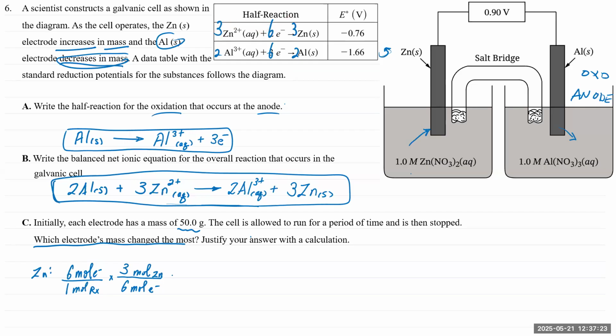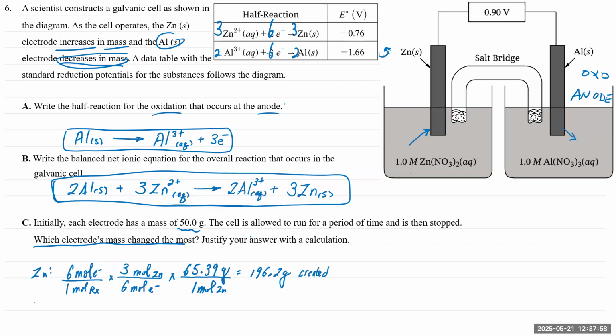Times the molar mass, which according to our reference table is 65.39 grams per 1 mole of zinc. That should give us a value of 196.2 grams. And zinc is being reduced, so these are grams created.